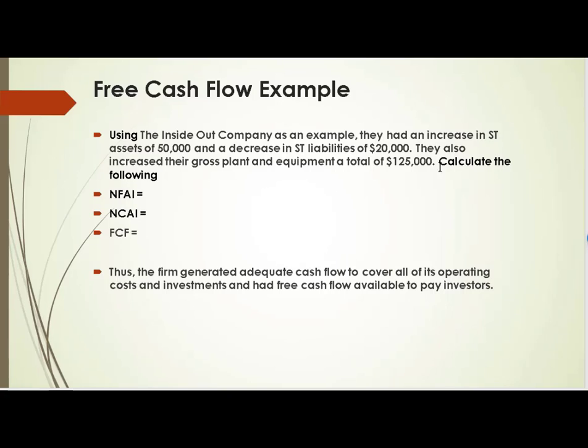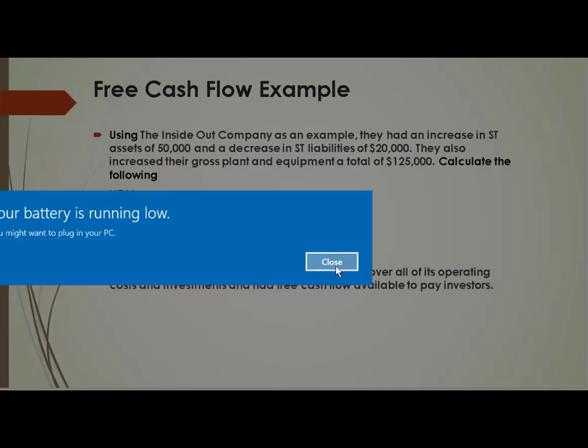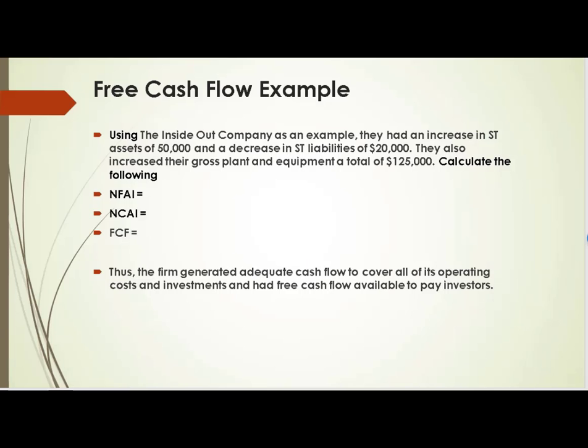So we need to calculate the following, right? What is the net fixed asset investment? It's that 125 plus the depreciation for that asset. So it's 125,000 plus the 45,000. So the net fixed asset investment is $170,000.